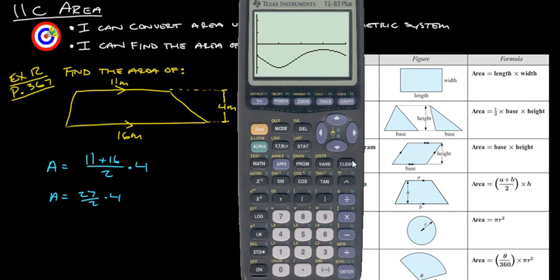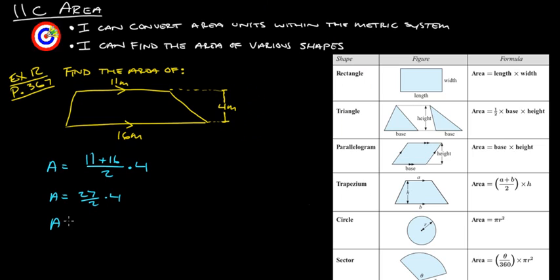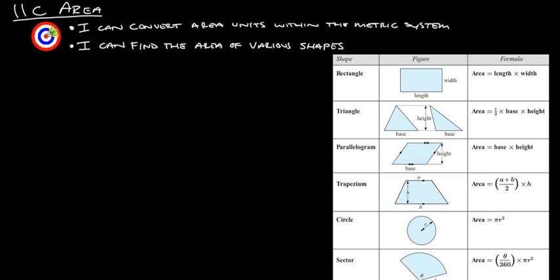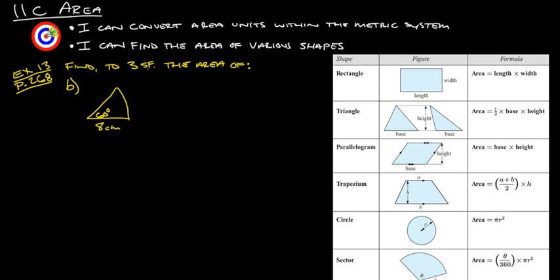We've got our graphing calculator here. 27 divided by 2 multiplied by 4 gives us that the area is 54. This is meters, so it'd be meters squared.